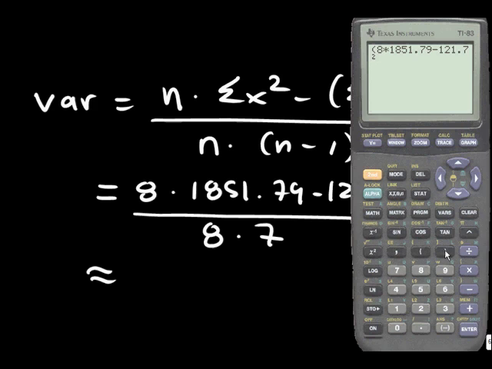I know 8 times 7 is 56, so I'm just going to put divided by 56. If I enter this all in my calculator, I find a variance of 0.06125.